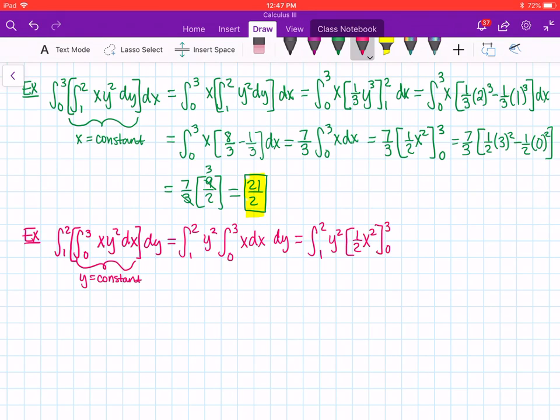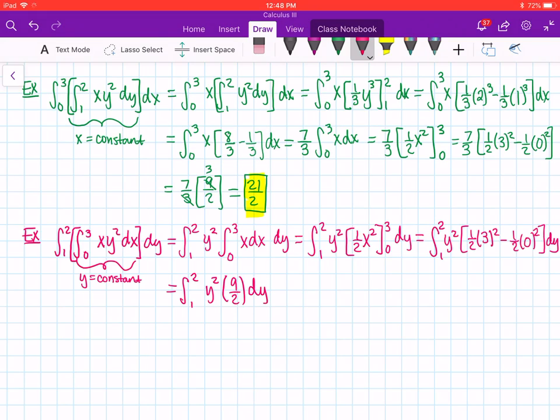We evaluate it from 0 to 3. We substitute in where we can. Don't forget that dy on the end. 1 to 2 y squared. We get 9/2, which should look familiar.